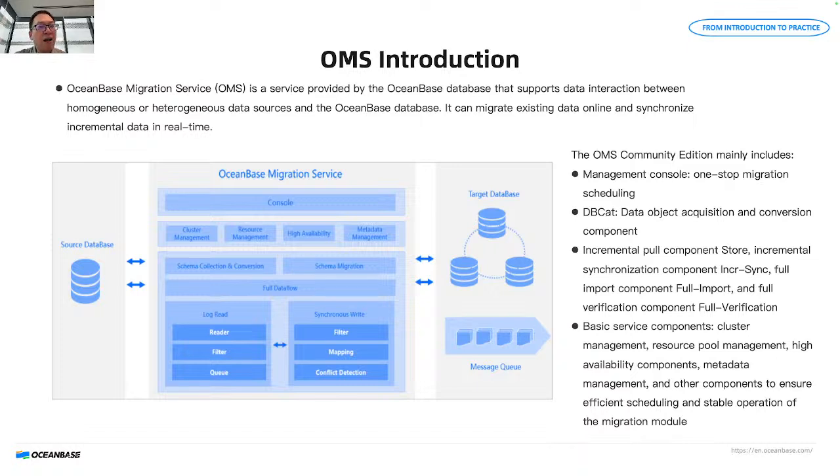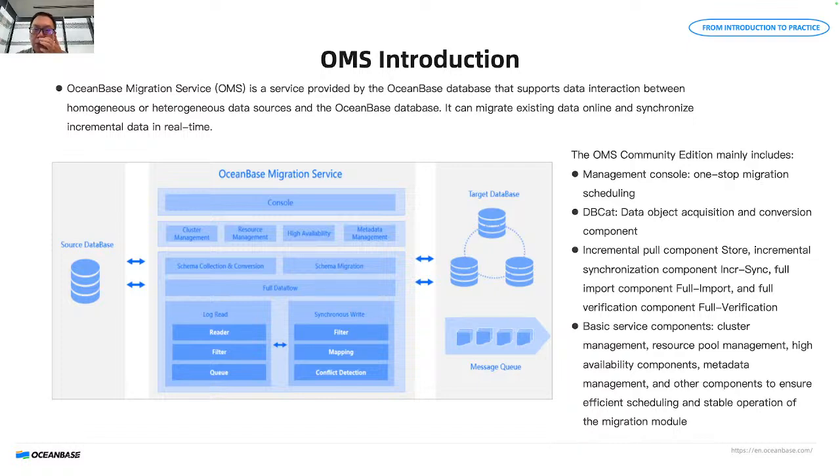The picture on the left is the overall architecture. The OMS community version primarily includes a management console with a web interface that provides comprehensive management of various OMS tasks. At the bottom layer, it also includes the DBCat component, responsible for data collection and conversion.